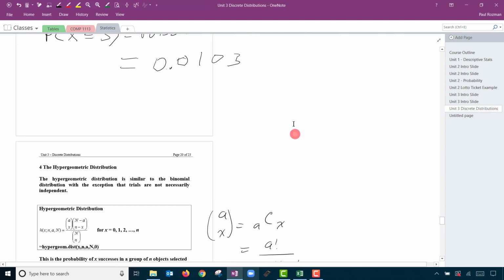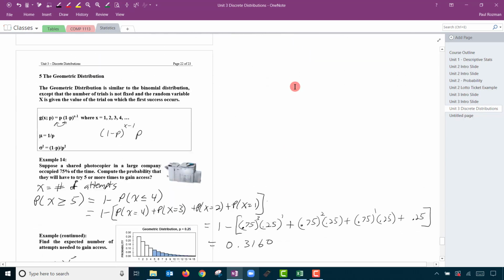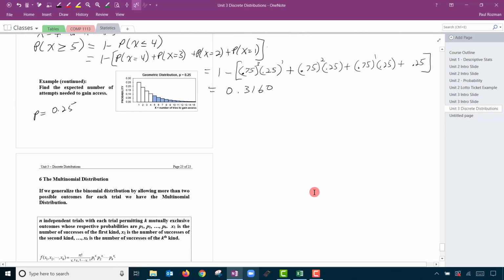So well, the average number of attempts is just 1 over p, so 4 tries. On average, I get my prints in 4 tries. So I budget my time accordingly.